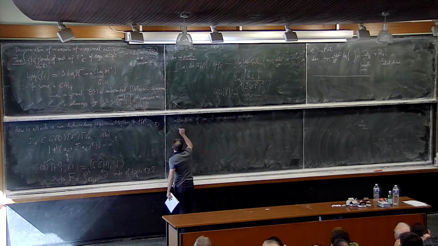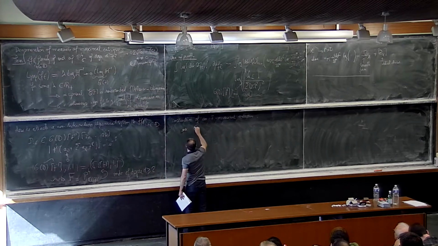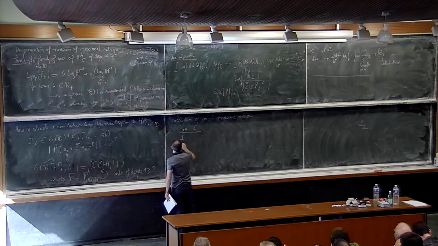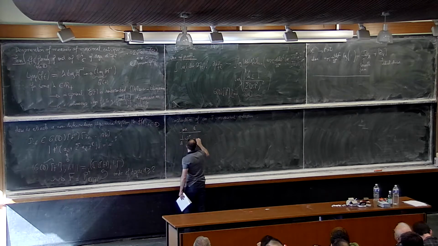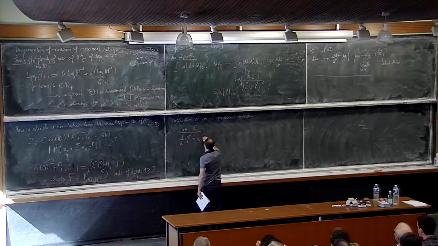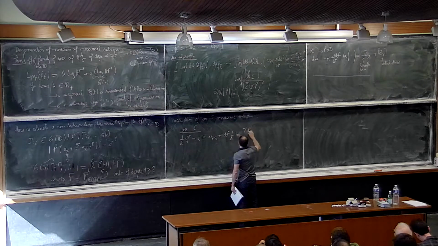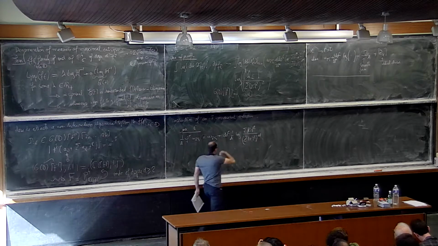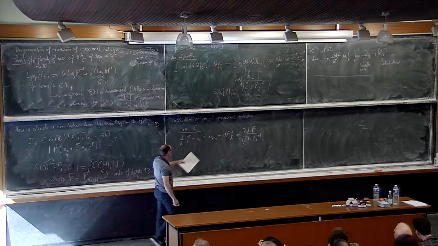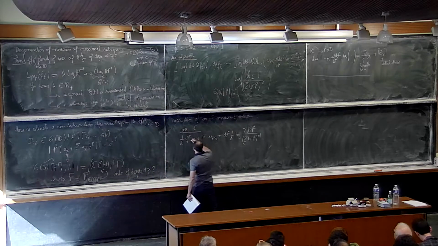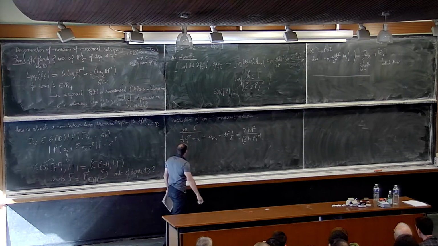So the observation. If you write this equation here, this can be interpreted by saying that you have a metric. Let's pull it back by the nth iterate.